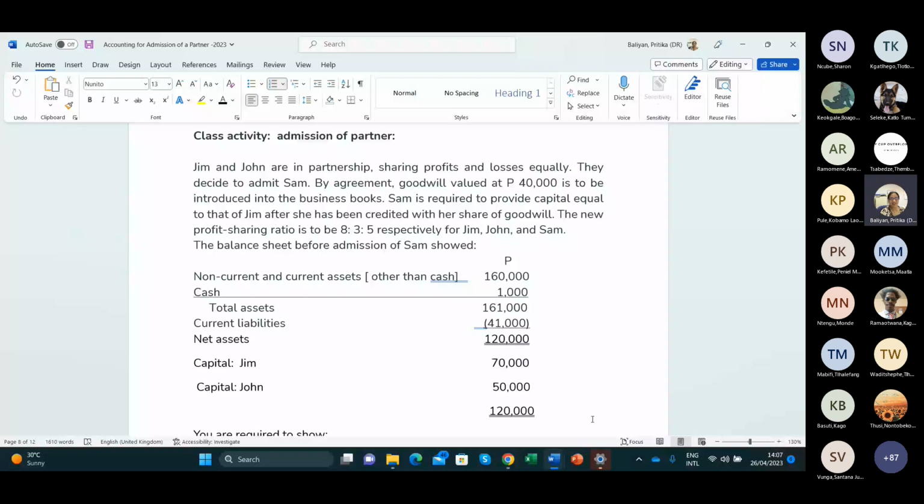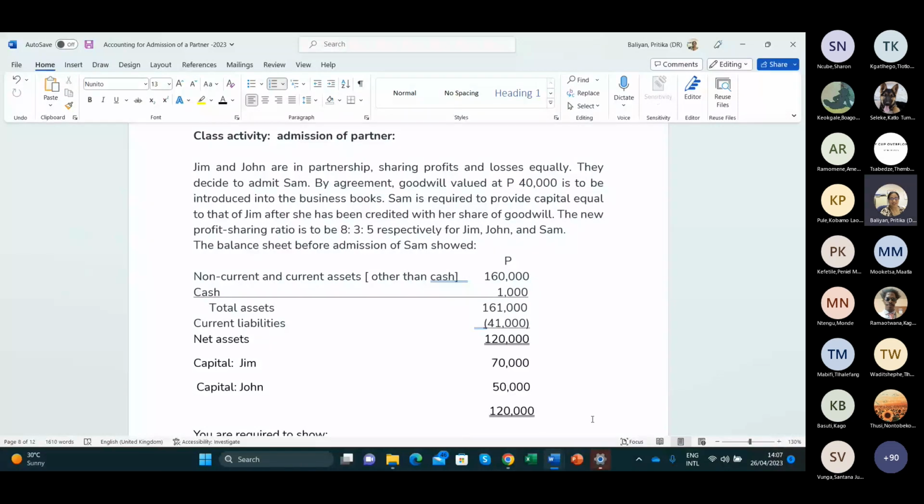In the second scenario, the new partner joins the business with the capital, and he is also providing a premium for goodwill, but all partners agree to give the goodwill personally instead of giving it to the partnership business.